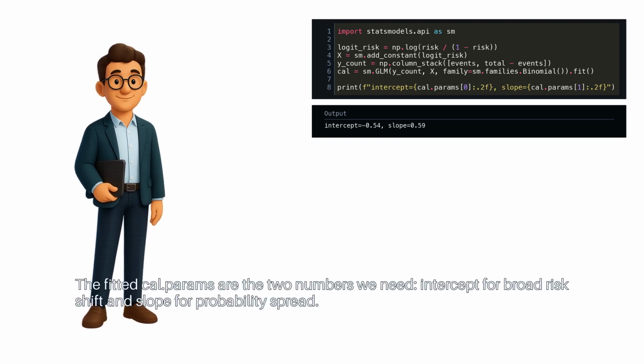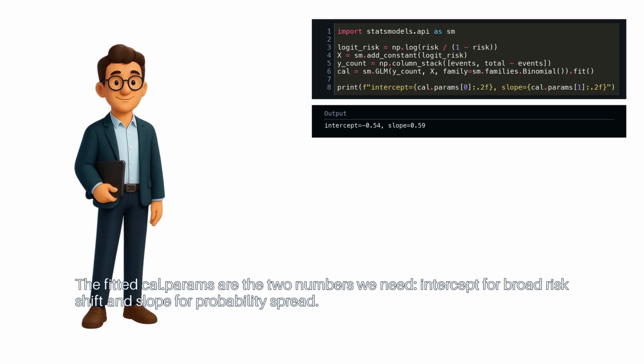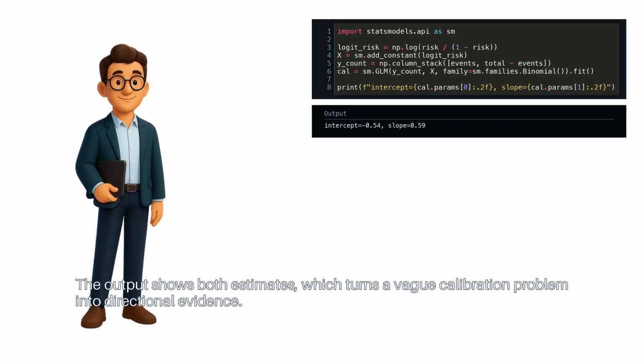The fitted cal.params are the two numbers we need: intercept for broad risk shift and slope for probability spread. The output shows both estimates, which turns a vague calibration problem into directional evidence.